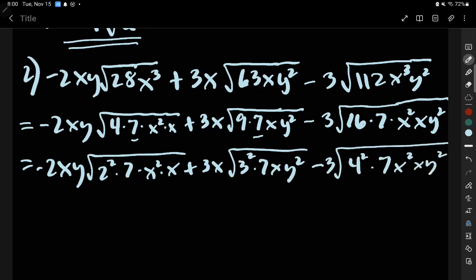What we did there is just to put the values into squares so that we can take them out from the square root. Next, we can take out the 2 squared and the x squared, because it has an exponent that is a multiple of 2. So it becomes 2 outside, so 2 times 2 is 4, so it becomes negative 4. The x can be taken out, so it becomes x times x, x squared. Then the y will just be the same. So what's left inside is only 7 and x. So we'll just reduce the square root symbol.